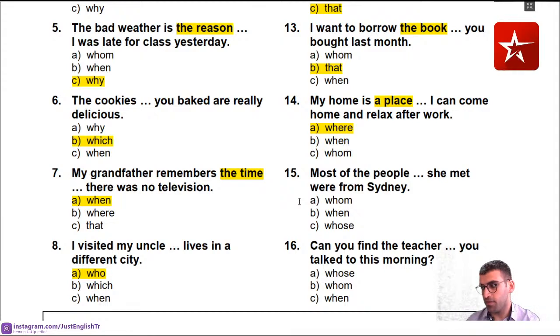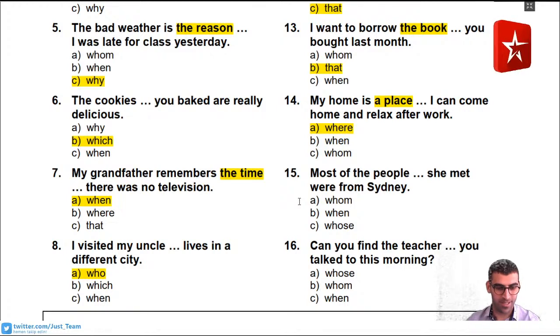Okay, number 15. Yusufa says whom. Ayhan says whose. Okay, two different answers I got from Yusufa and Ayhan. Sıla says whom. Kadir says whose. Muhammad Ali says whom. And I am waiting for Nejat's answer.